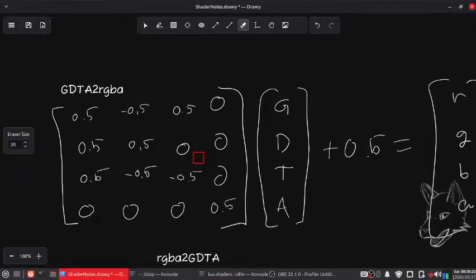So that is correct. That is temperature. So then, if that's the case, then where does green land?